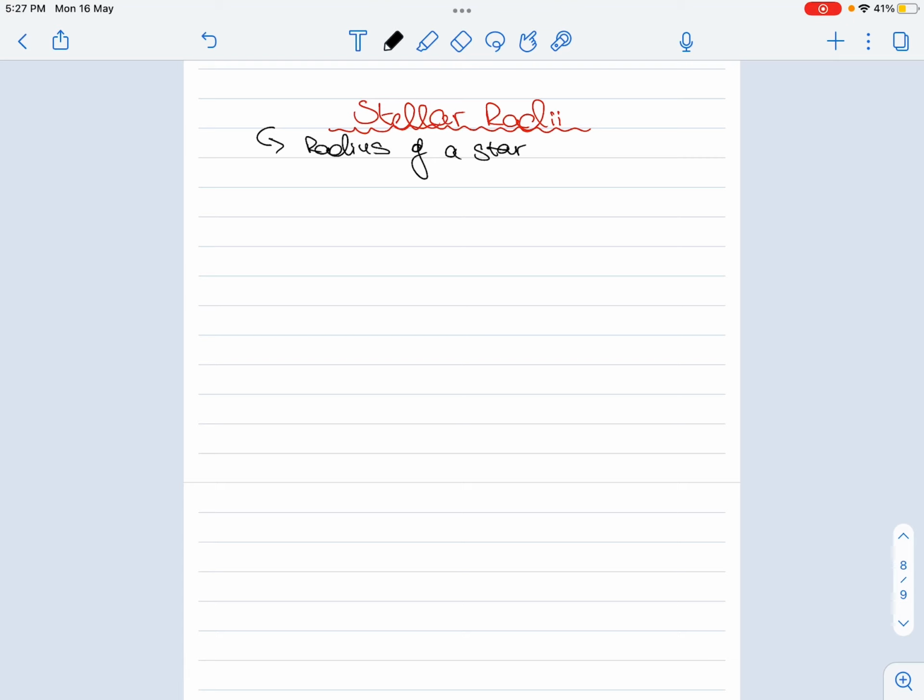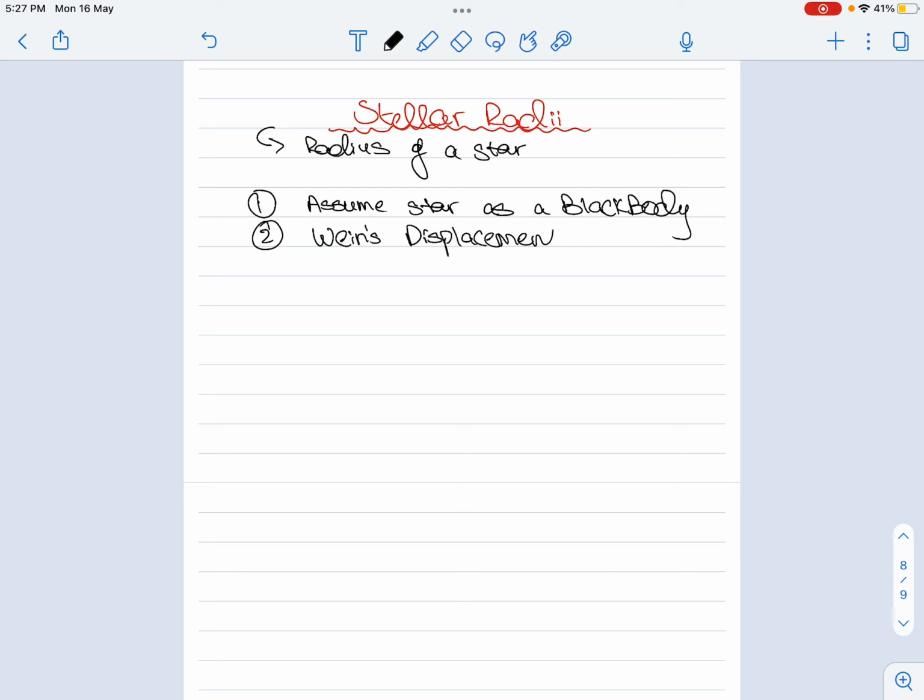So there are three steps. I'll write down the three steps. Number one, assume the star as a black body. Number two, Wien's displacement, and we'll talk about each step separately, so don't be worried about that.